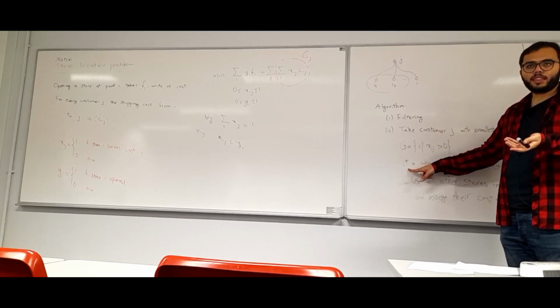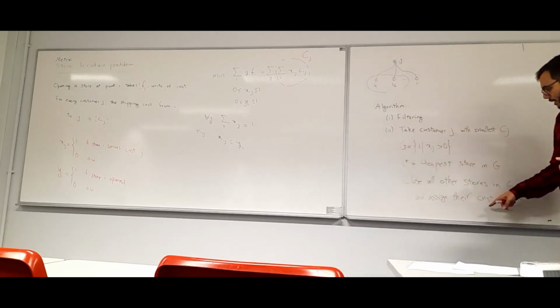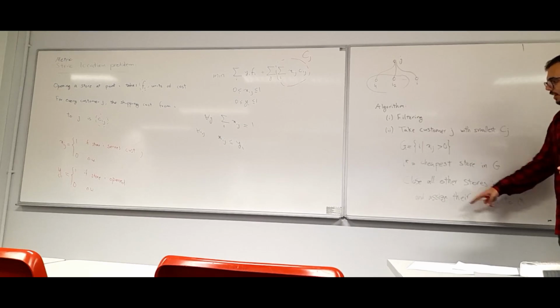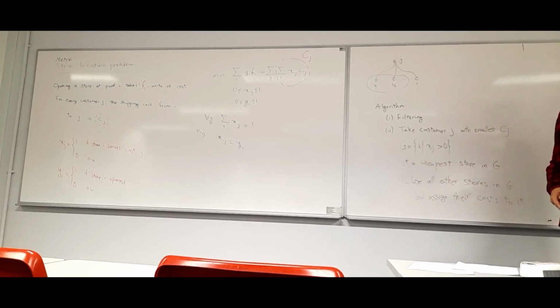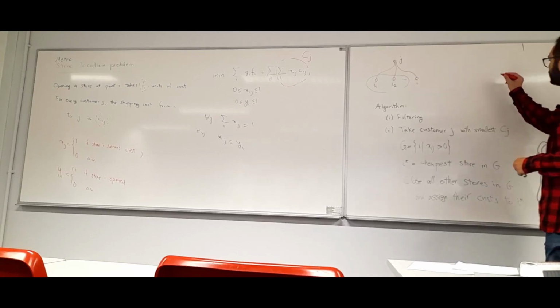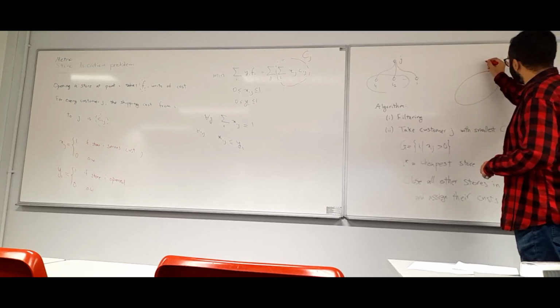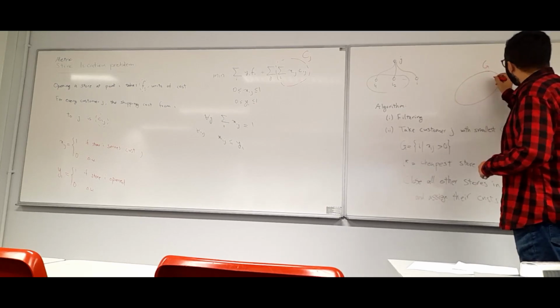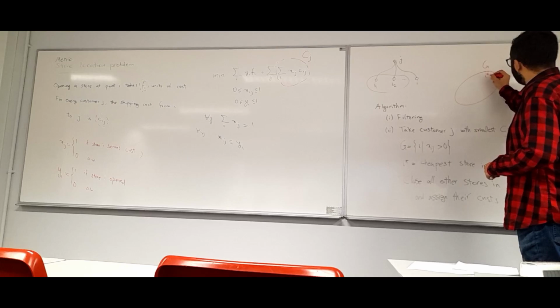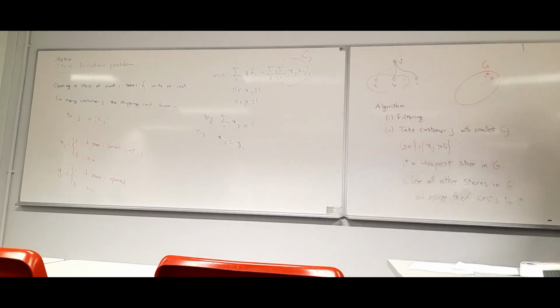But there were a bunch of other customers that were actually maybe not served by I star before. They were just served by some other store in the same group. So I had this group G of stores that were close to each other, and I had this I star, which was the best store I could open here.